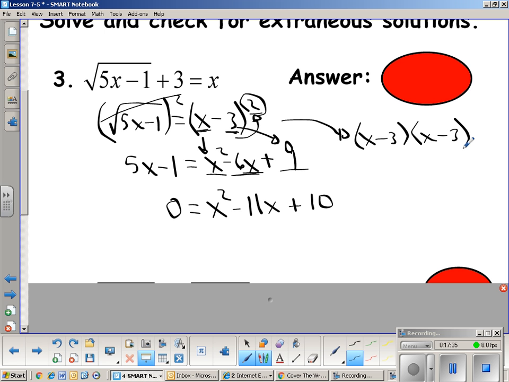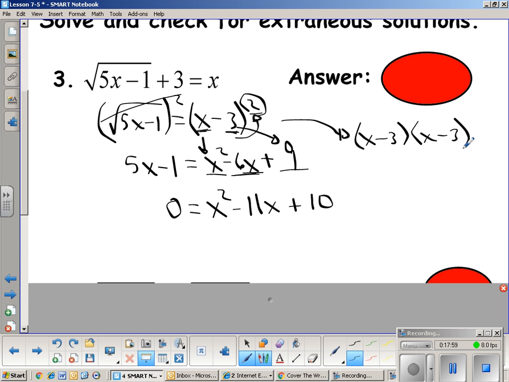Okay? All right, now let's get back to the original question. We learned multiple ways of solving quadratics. What's one method? Factoring. What's another method? Quadratic formula. And the third method? Graphing. Okay? We didn't want to graph, right?